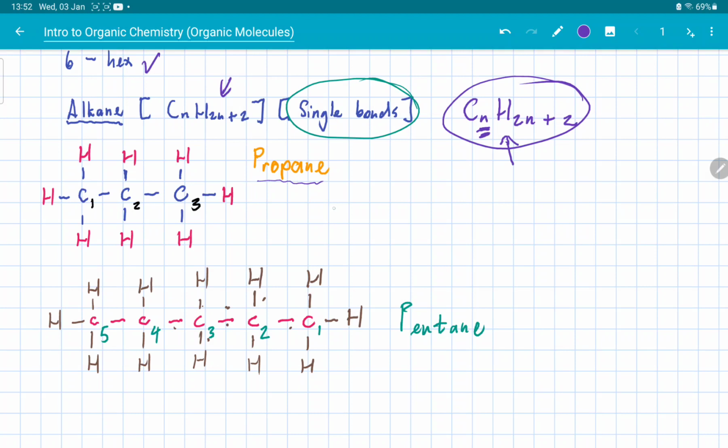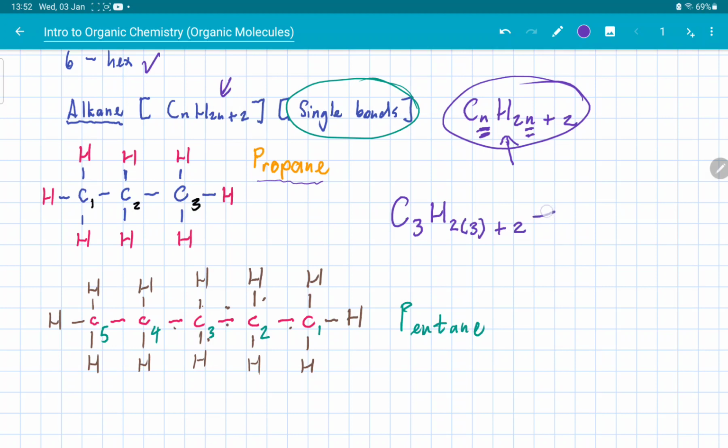I will say C, and then write how many carbon atoms there are: 3. H2, in place of n. Remember, n still stands for the number of carbon atoms present in the molecule. So it's going to be 3, and then plus 2.